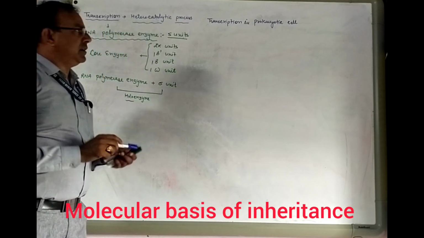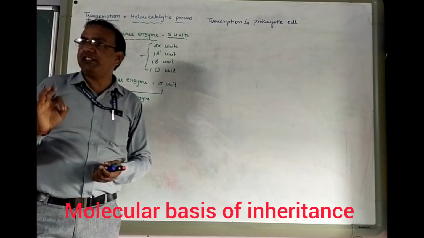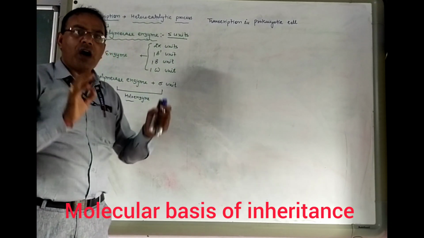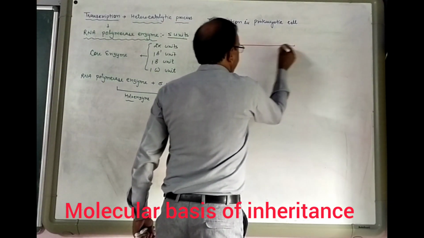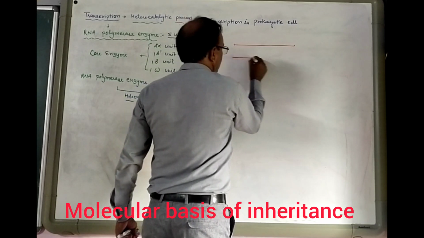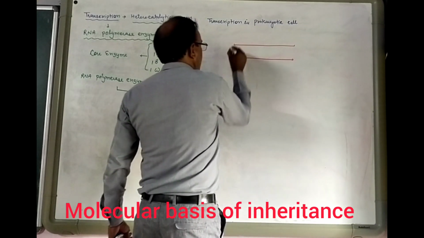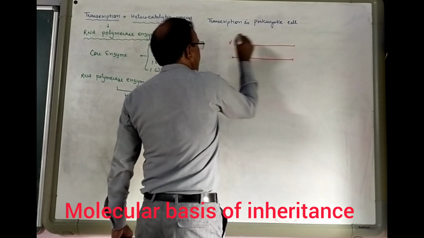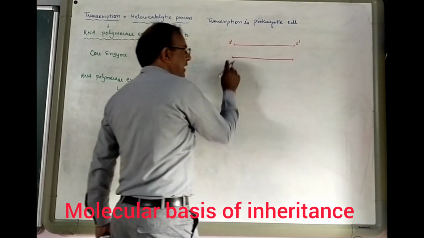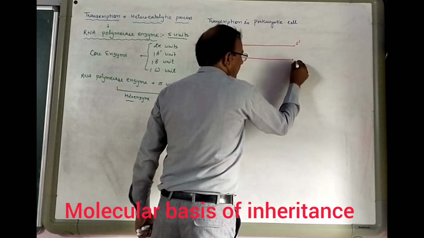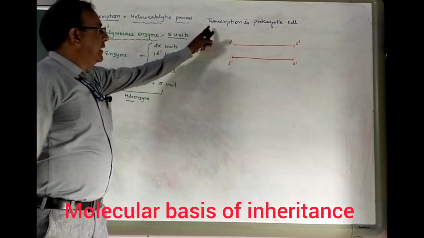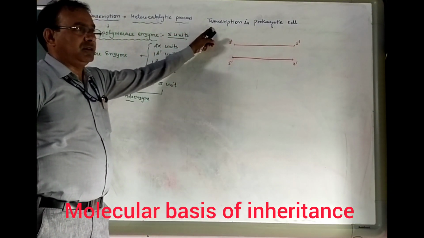We have seen that in transcription, one strand of DNA changes into RNA. Suppose we have 2 strands of DNA. One strand is 3' to 5', this strand is the template, and another one is 5' to 3'. And this process may be started.